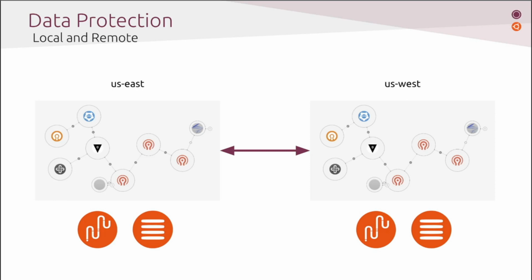And as shown here, to protect against more catastrophic situations, we can replicate RBD devices and Rados gateway buckets to secondary clusters in physically diverse locations to protect against larger scale failures, like the loss of power to an entire data center, for example.